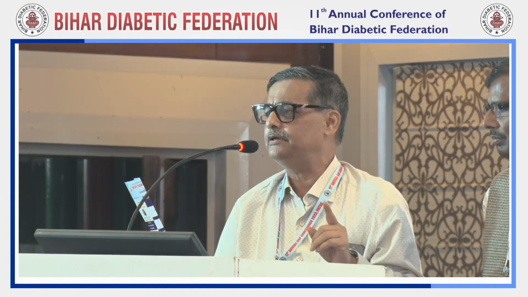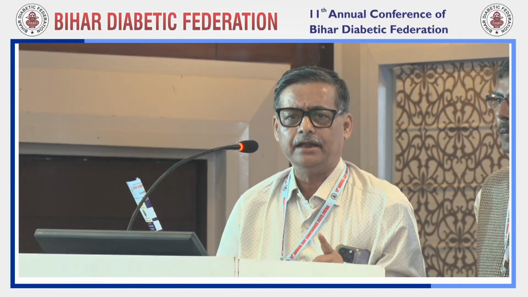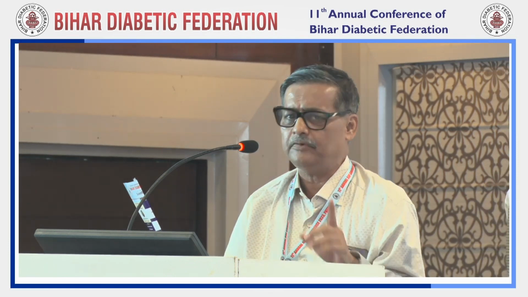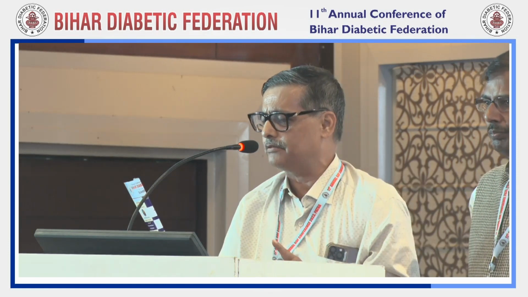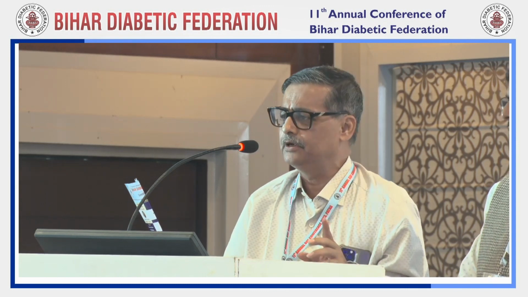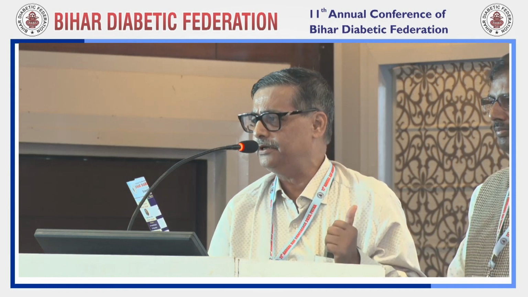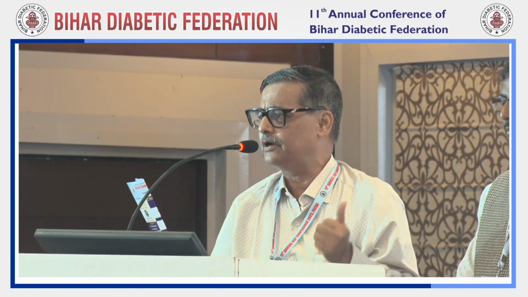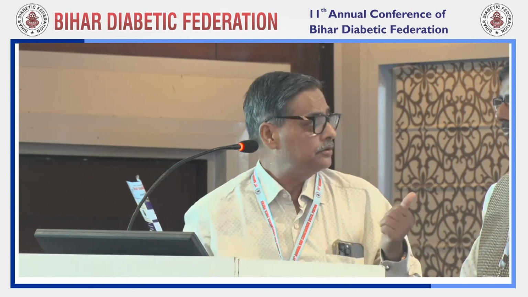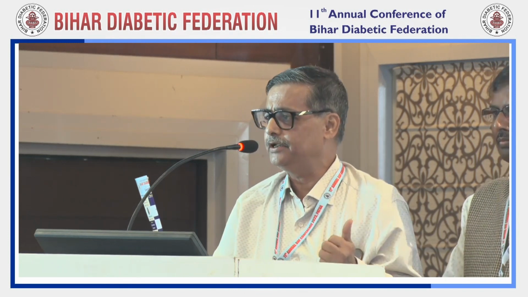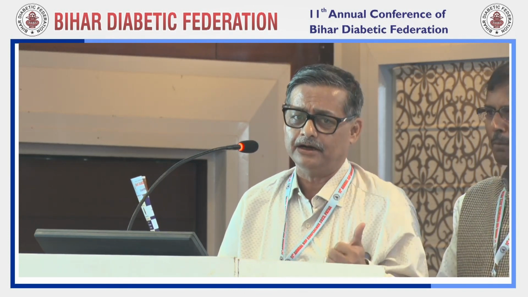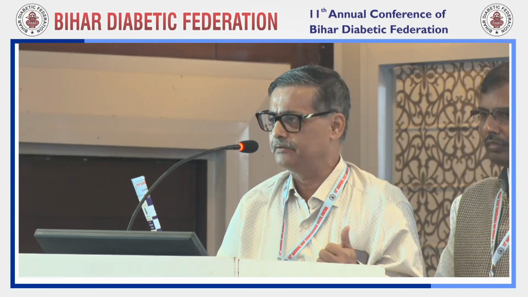One is SGLT2 inhibitors and the other is some of the GLP-1 receptor analogs, which are going to give you cardiorenal benefits. So it was interesting to see whether adding linagliptin or any gliptin to the SGLT2 inhibitor is providing any additional cardiorenal benefit or not.